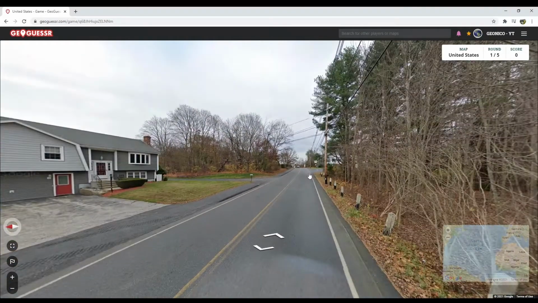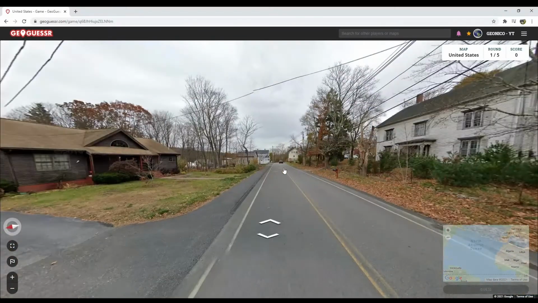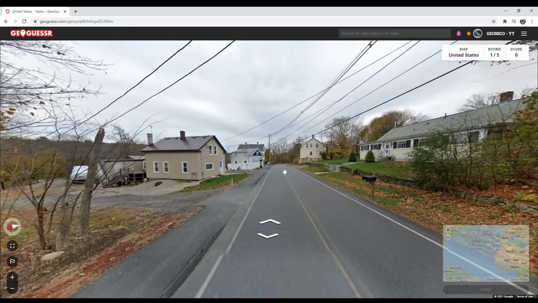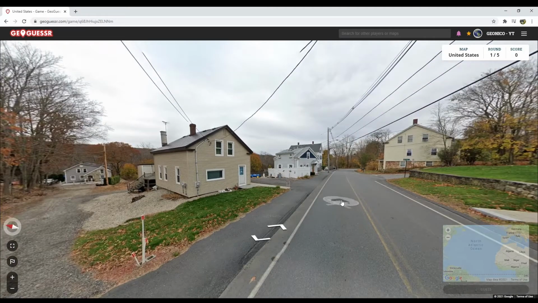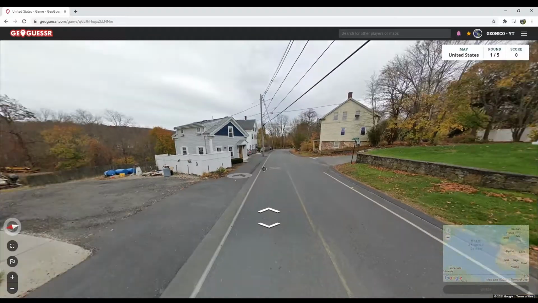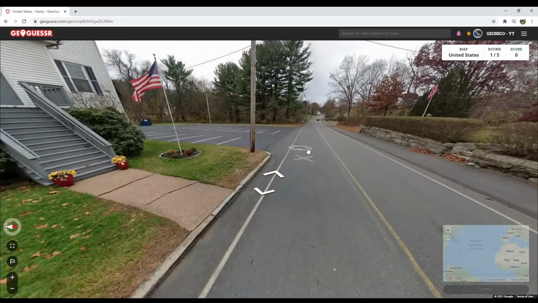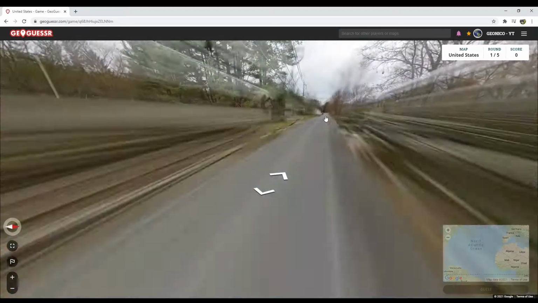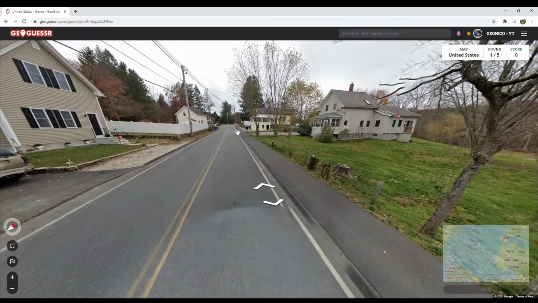To distinguish it from Australia, you're going to want to make sure that you know where the sun is. Of course, there are some photospheres where the sun is off, so that's always a problem. But here, this is obviously not Australia.